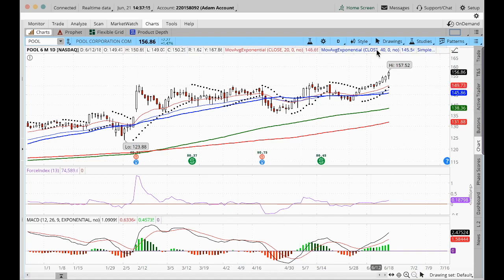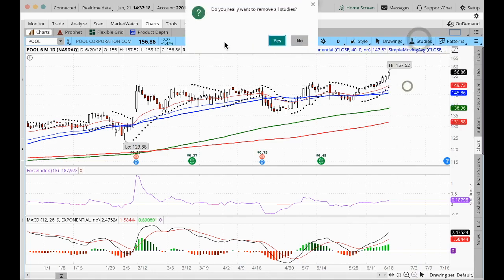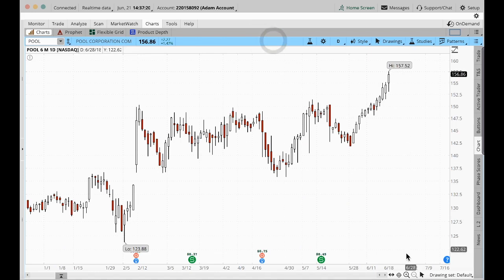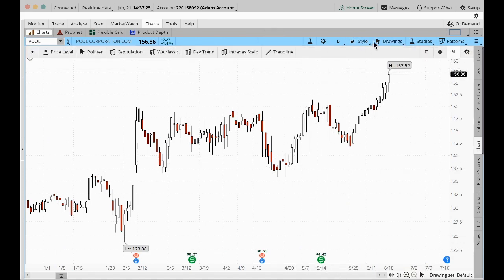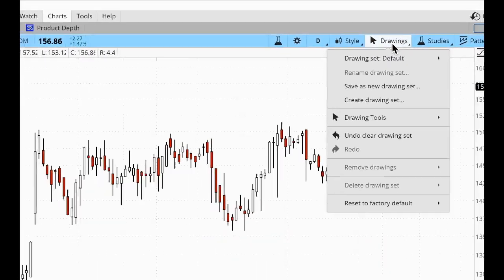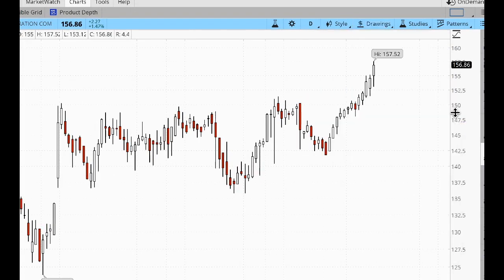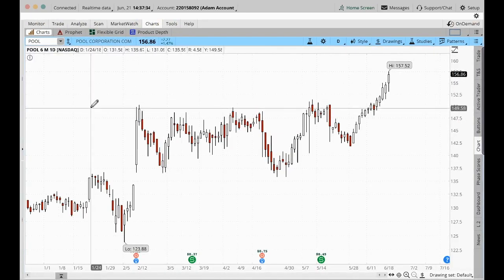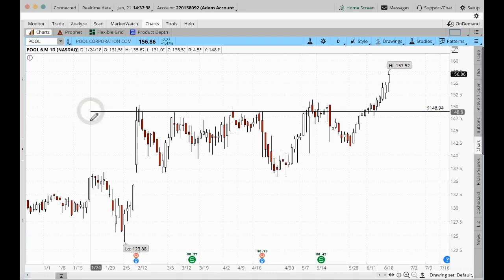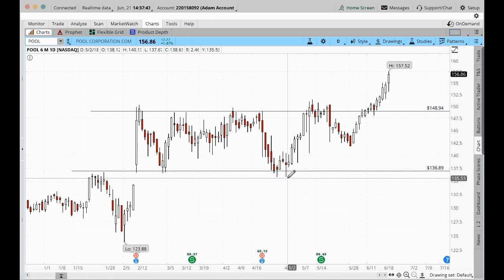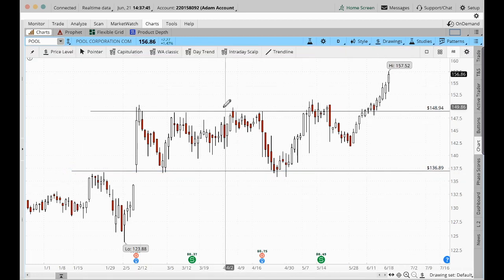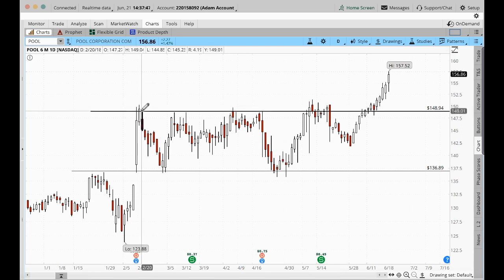Well, first of all, let me remove all the studies so you can see the candles a bit clearer. Okay? So if I go to my drawing tools, you can see I'm drawing this resistance over here.